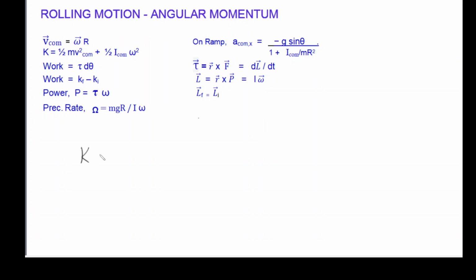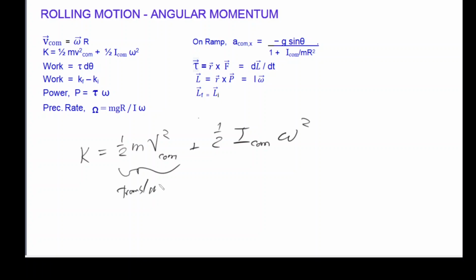So the kinetic energy of a rolling object is equal to 1/2 m v squared of the center of mass plus 1/2 the inertia of the center of mass times omega squared. This is the translational part of the kinetic energy, and this is the rotational part of the kinetic energy.